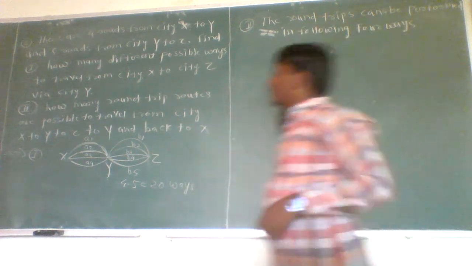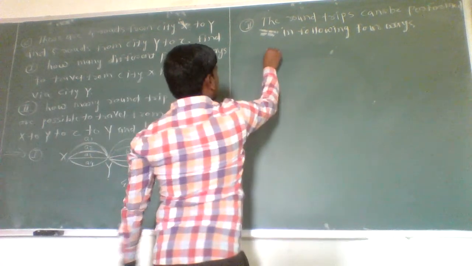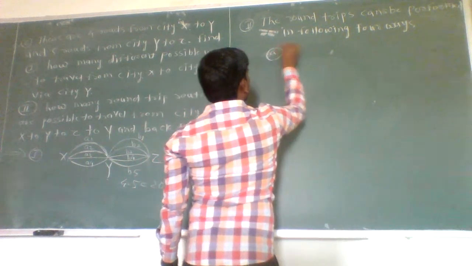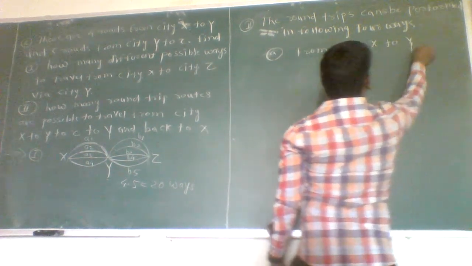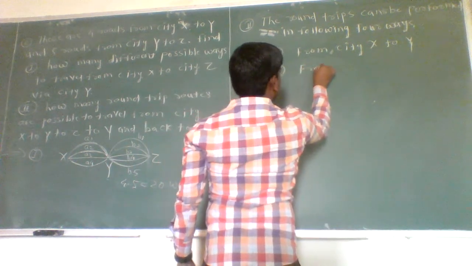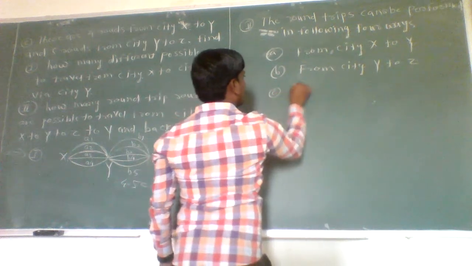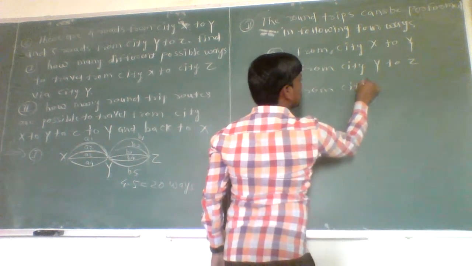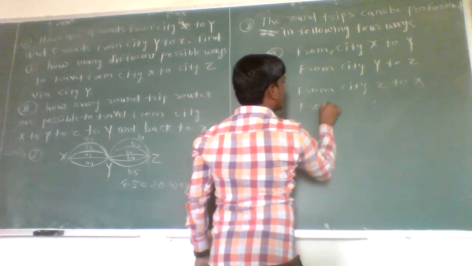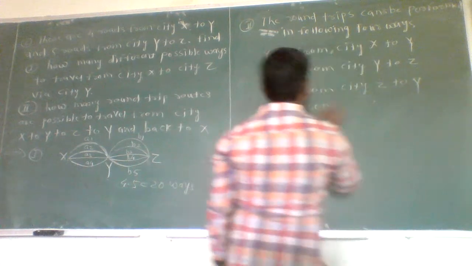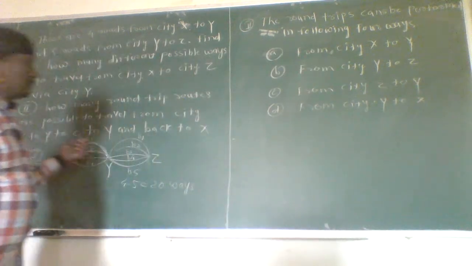Here we have to perform a round trip, that is from city X to Y, Y to Z, Z to Y, and again back to X. Okay, first one is from city X to Y. Second, from city Y to Z. In third one, from city Z to Y. And last one, from city Y to X, then our round trip will be complete.